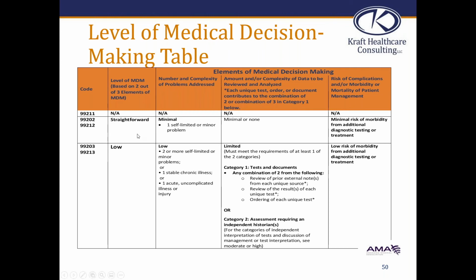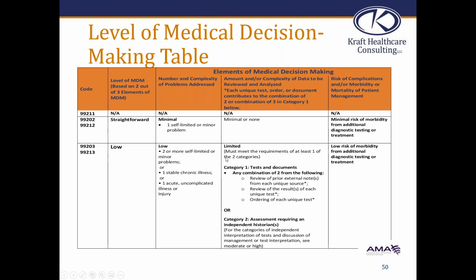202, 212 is straightforward: minimal, or minimal or none, minimal risk of morbidity from additional diagnostic testing or treatment. 203, 213 is your low. And if you look, you've still got where you would choose, but now you've got these options, and it's just a lot clearer. 2 or more self-limited or minor problems, or 1 stable chronic illness, or 1 acute uncomplicated.